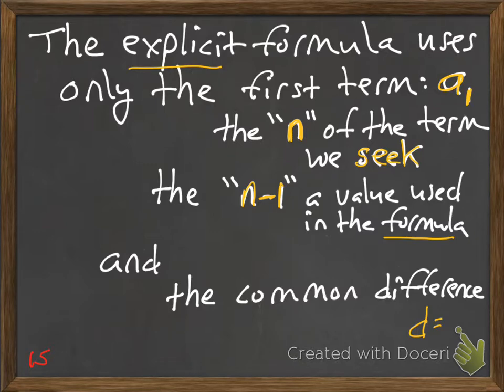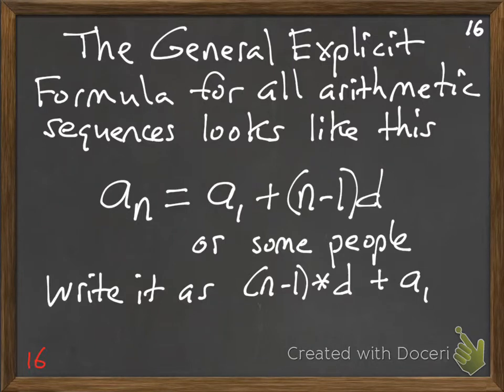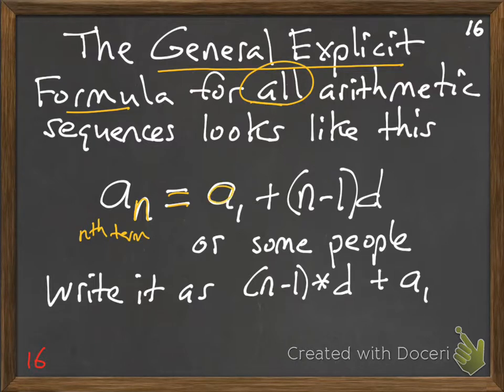If we know these 4 parts to the formula, well, then we can place those values in. So the general explicit formula for all sequences is a sub n, or the nth term, is going to equal the first term plus n minus 1 times the common difference.